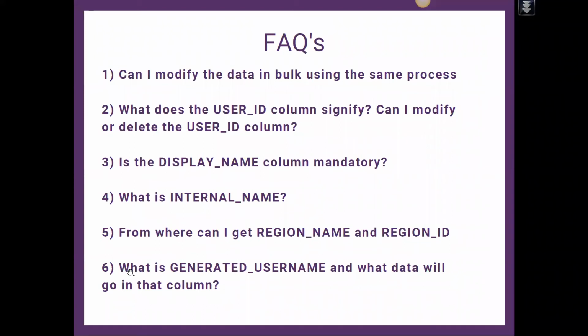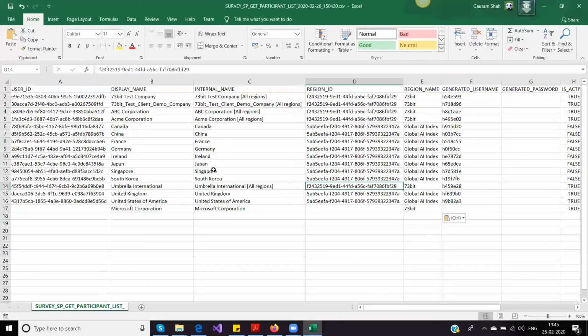So the next is, what is generated username and what data will go in that column? Generated username is basically, very first thing, you do not have to add the generated username. If you want to, you can, but it's not mandatory, because the system would automatically generate it if you have not entered it.